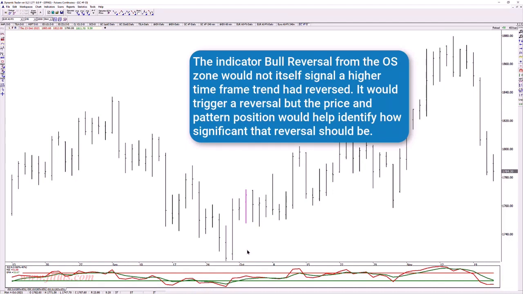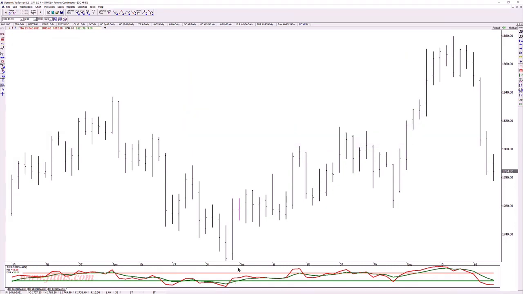If that's the case, and we're looking for a reversal in the higher time frame trend to bullish, then we'd look for our indicator to help us identify the end of corrections. For instance, here it was oversold, and if we have some indication that the higher time frame trend had reversed, this would be a great setup to have identified that a minor correction was probably complete.